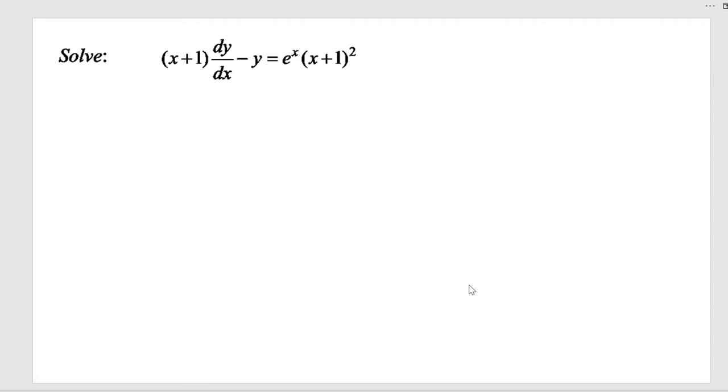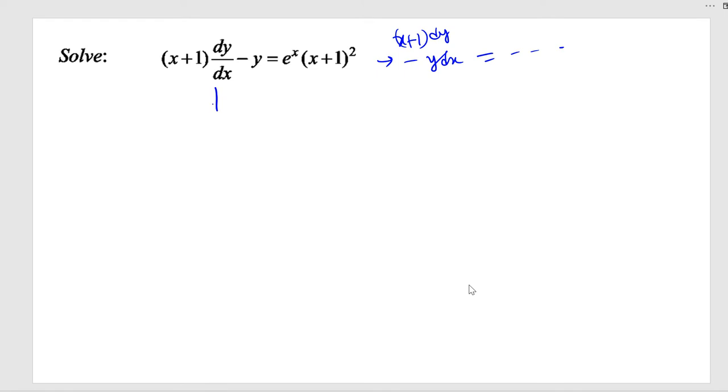Now, what happens if this is not a separable case? If you try to separate the variables, you won't be able to do that, because you will have one y dx, and there is some x plus 1 into dy, and some other things. So the target is to make it integrable.